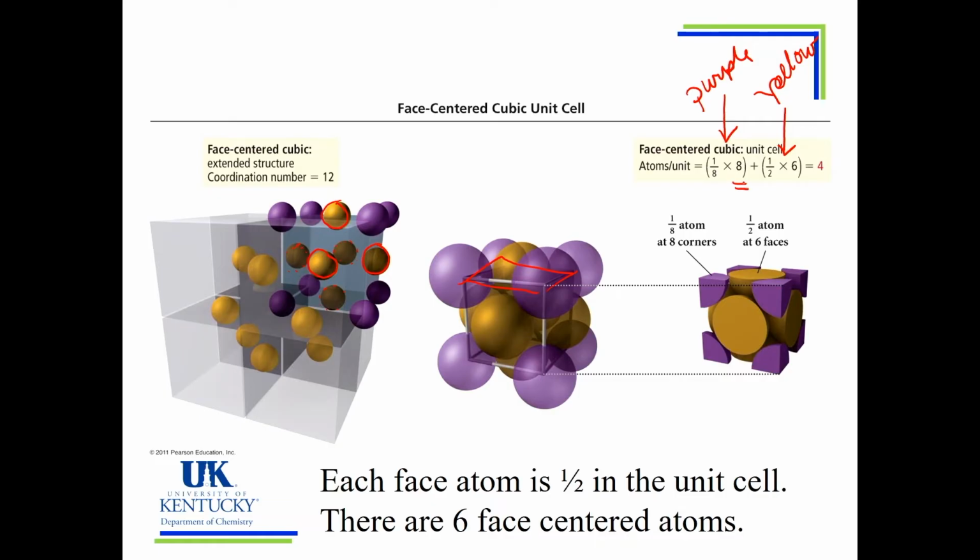There are 8 corners, each counts as 1/8 of an atom. There are 6 faces, each counts as a half of an atom. So a face-centered cubic cell has a total number of atoms of 4. Now some of you are great at memorizing, and you could memorize that number. The thing about memorizing that number is it's easily remembered and easily forgotten. And the concept is what I really want to drive home.